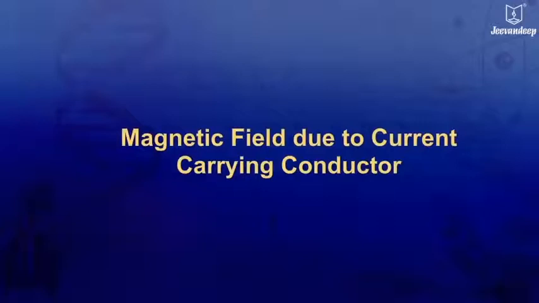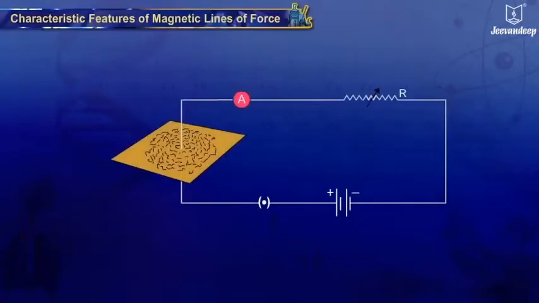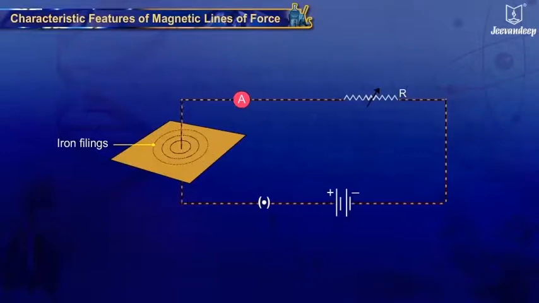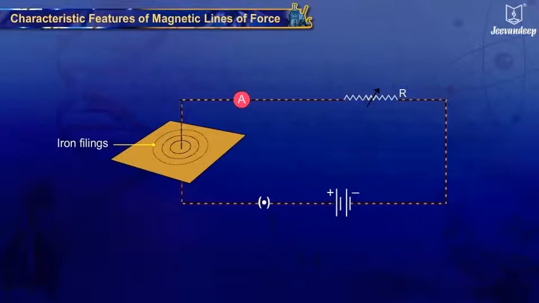Magnetic field due to current-carrying conductor. In this activity, the sprinkled iron filings on the cardboard get arranged in a particular pattern when an electric current is passed through the wire. This happens because of the presence of magnetic field produced due to passage of electric current in the wire.